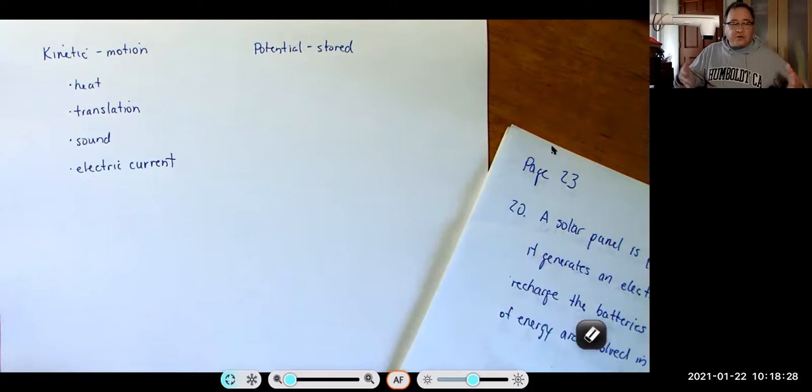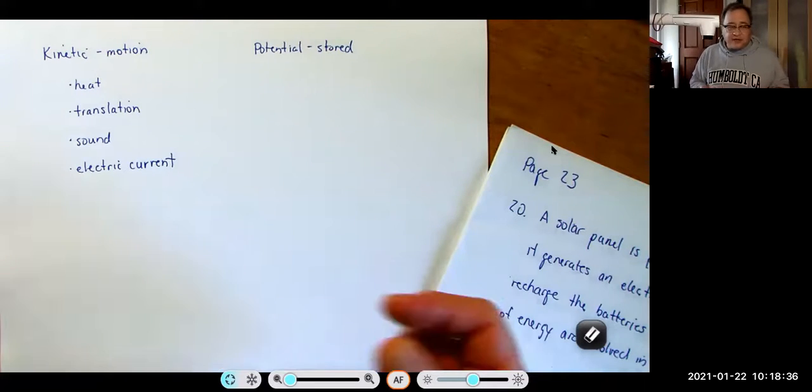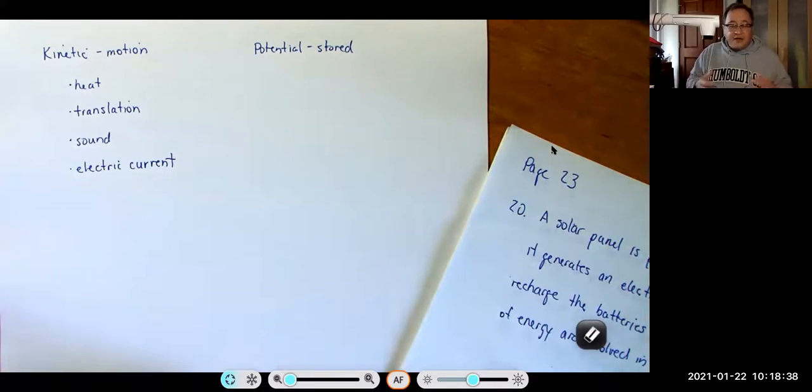So here with electric current, when it's happening, you can't see the electrons moving because they're always moving from one chair to another. And also when you stop it, you can't tell that the electrons have moved. So it's a special type of translation where you can't really tell anything's happening. And it's quite different than sound.